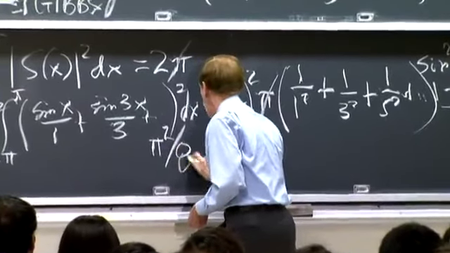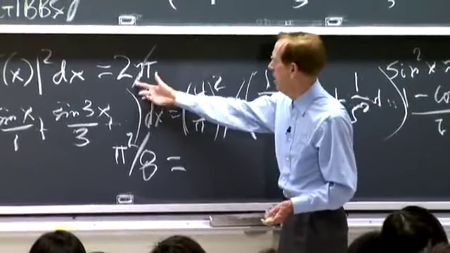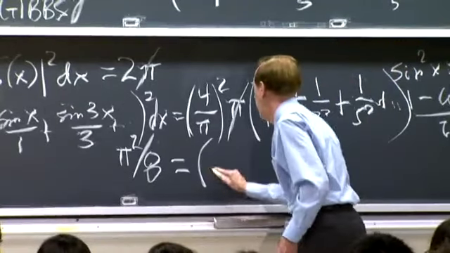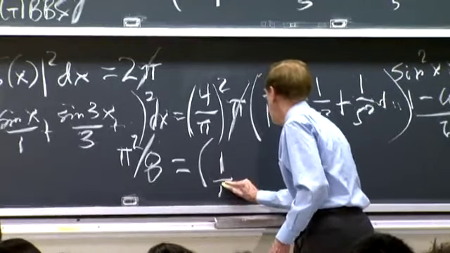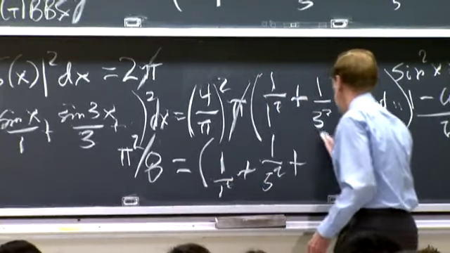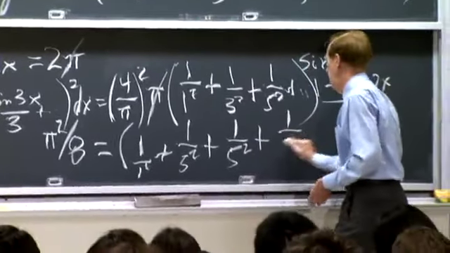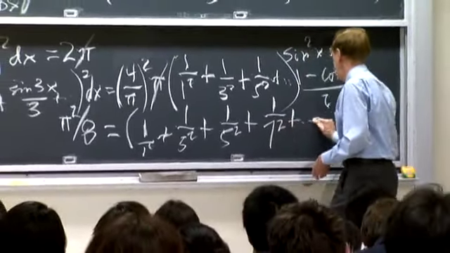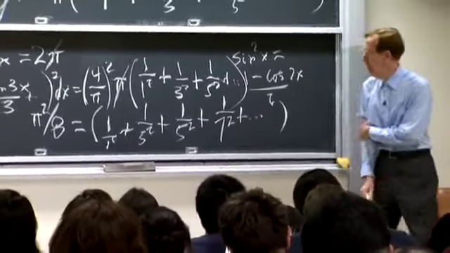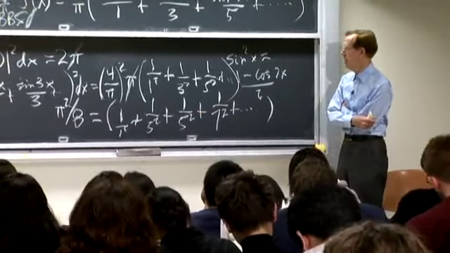You just get a remarkable formula. Putting that up there would be pi squared over 16, and the 2 makes it an 8. And here I have the sum of 1 over 1 squared plus 1 over 3 squared plus 1 over 5 squared. So that's an infinite sum that I would not have known how to do, except it appears here. The sum of 1 over all those squares.